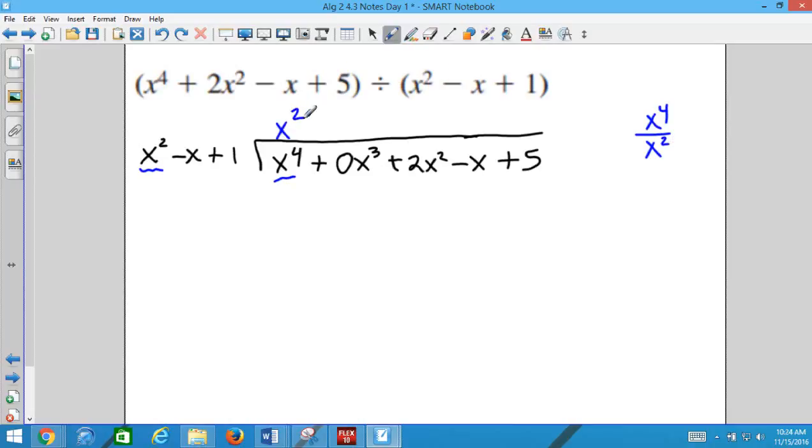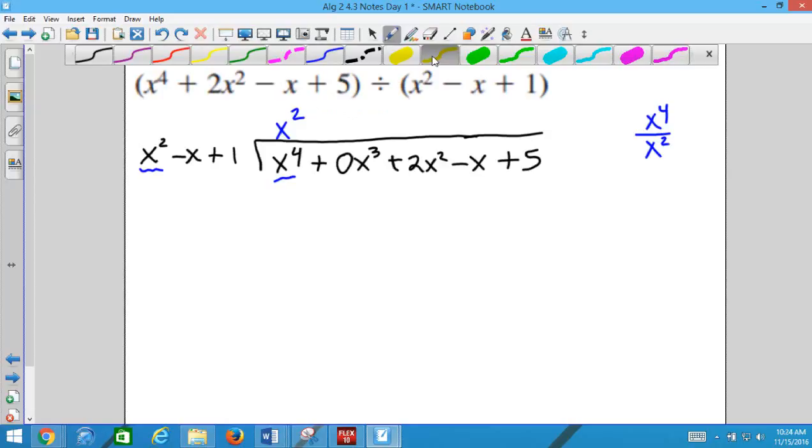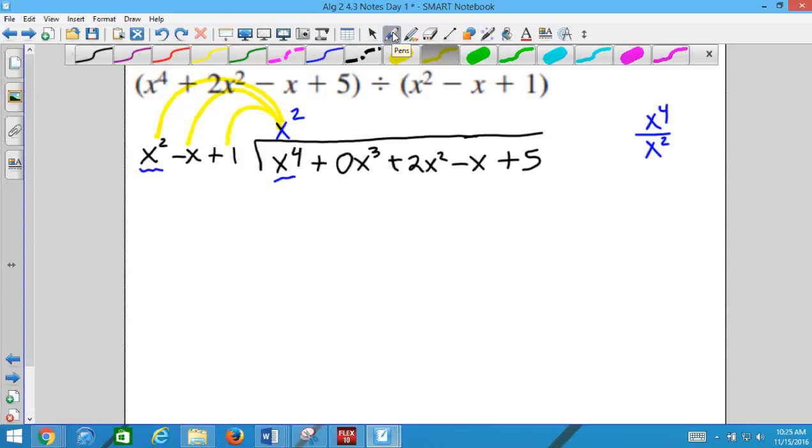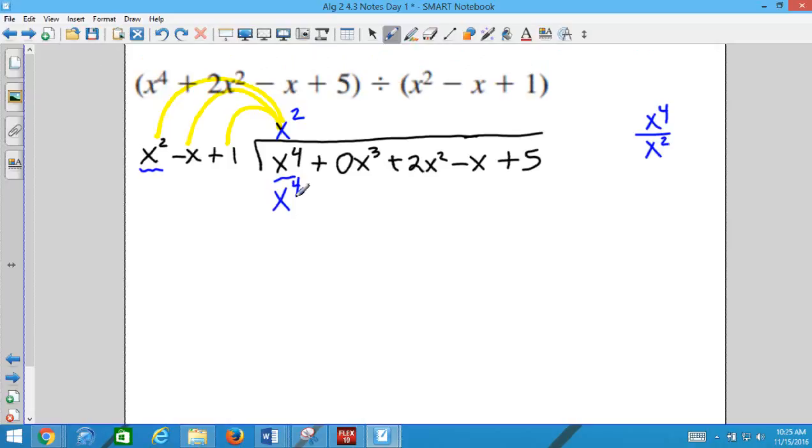After we divide, we distribute, and then it's just multiplying, which we practiced in here. X squared times x squared is x to the 4th. X squared times minus x is minus x to the 3rd.